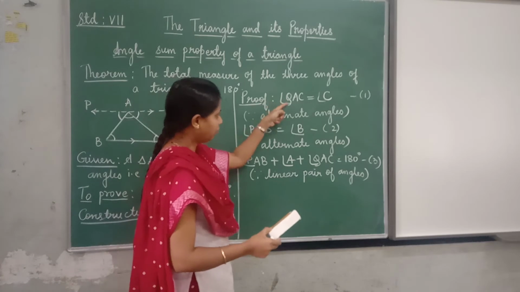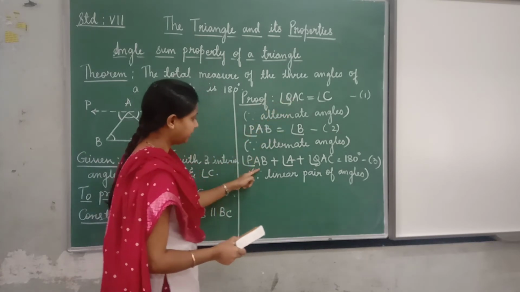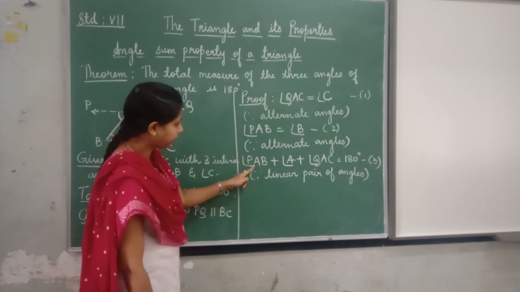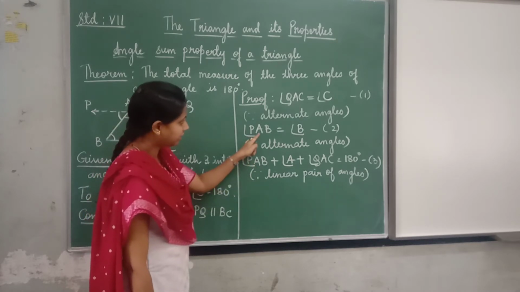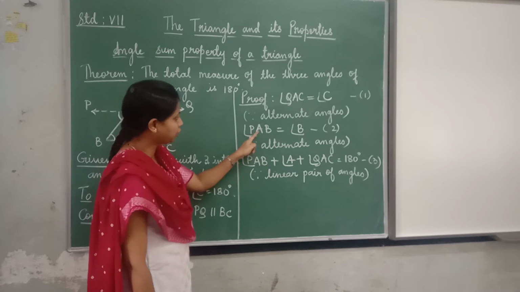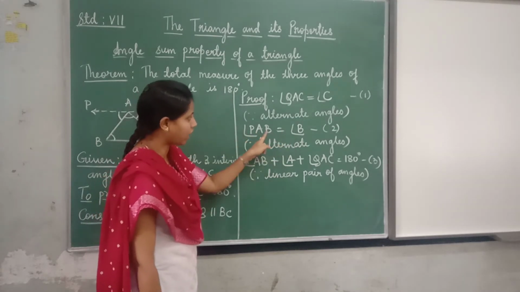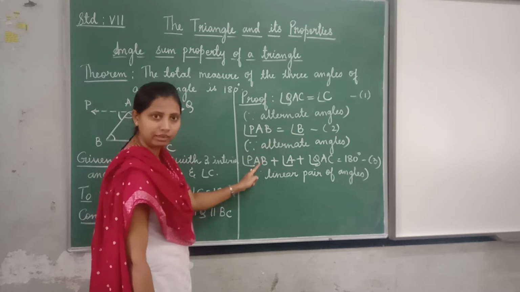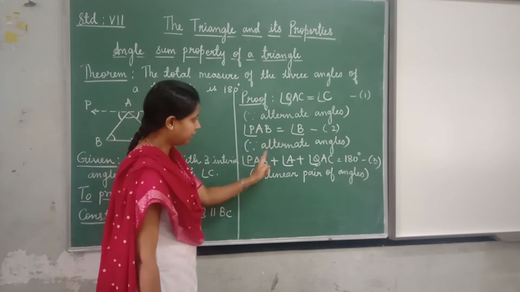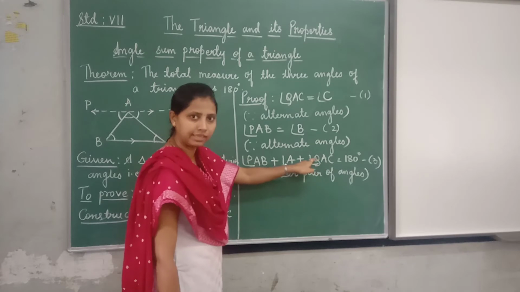Now see equations 1 and 2, and see equation 3. In equation 2 we have written PAB is equal to angle B, so in place of PAB I can substitute angle B. Then see QAC.